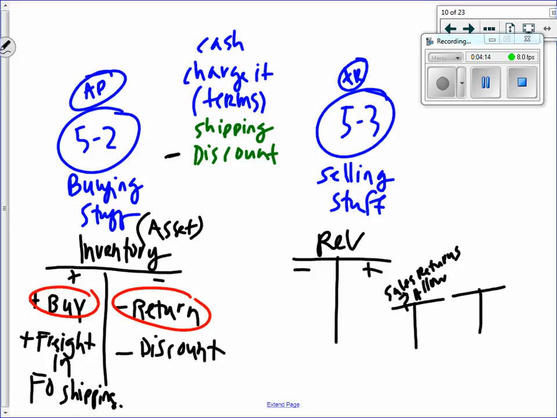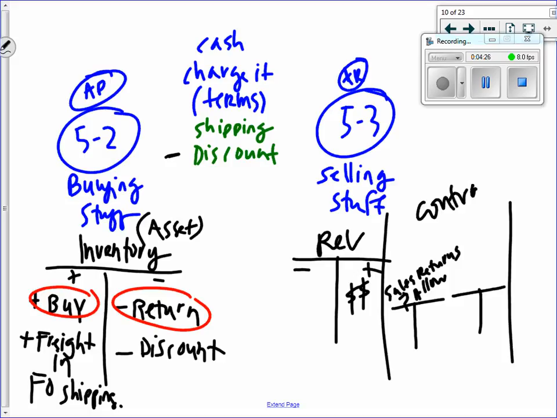So when I sell and I make money, that is the dollar amount. We're not going to offset it like we do in inventory. We're going to offset it completely with what are called contra revenue accounts. So if something is sold, and they all have debit balances because they act opposite of revenue. If they return something, they meaning our customers, that's going to be in the contra revenue account.